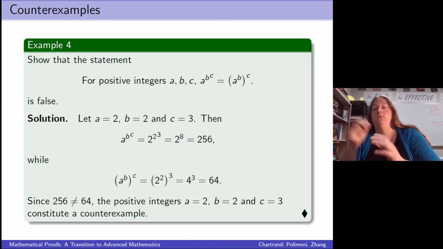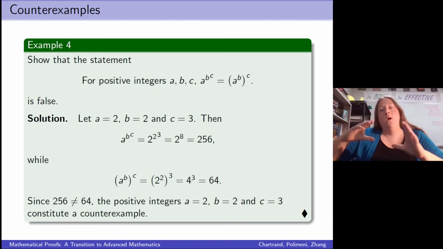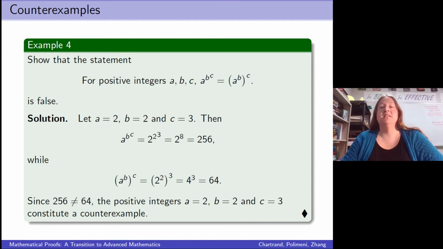So 4 raised to the third power is actually 64. So we can see that these two are not actually equal to one another. So therefore, we've shown through a counterexample of a equals 2, b equals 2, and c equals 3, that these two statements, a to the b to the c, and the quantity a to the b to the c power, are not actually equal to one another.